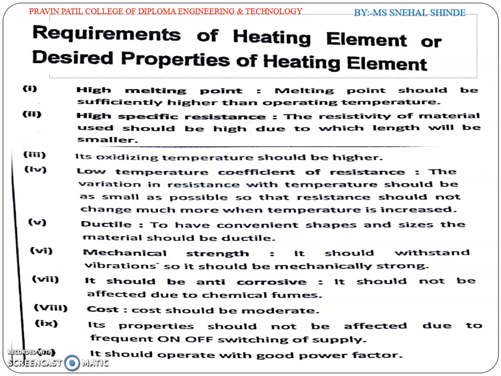So now the requirements of the heating element, or the desired properties of the heating element. First is a high melting point. Melting point should be sufficiently higher than the operating temperature.